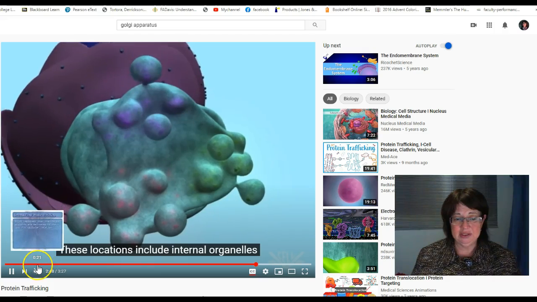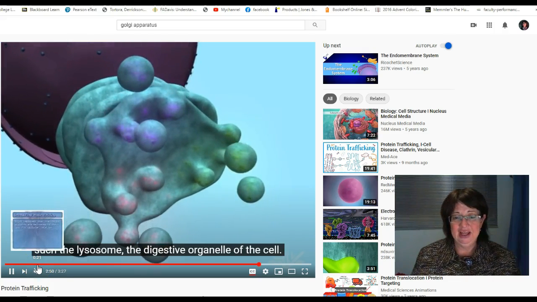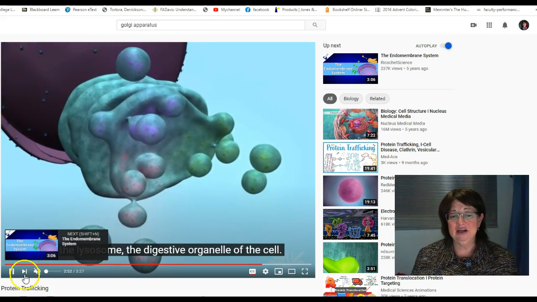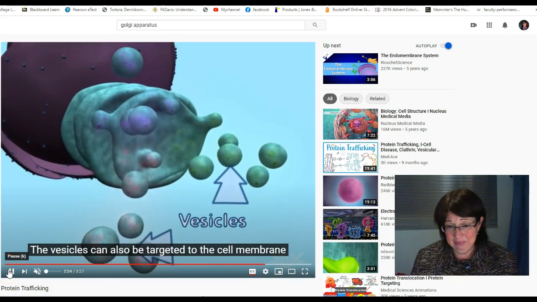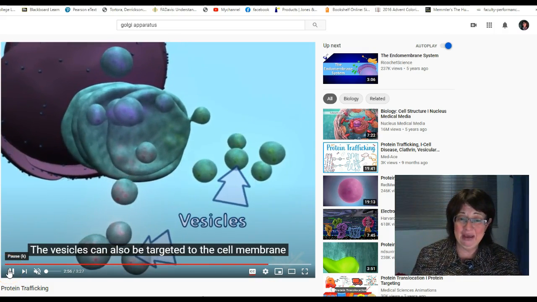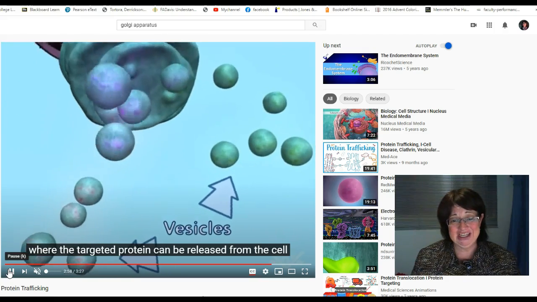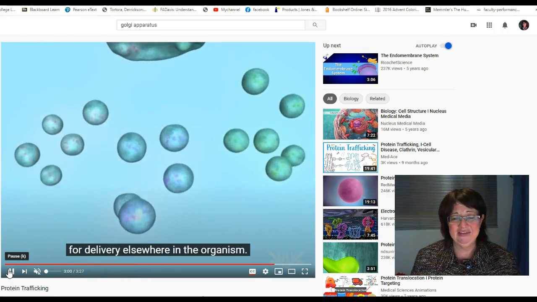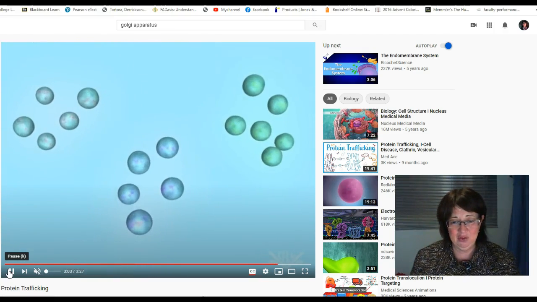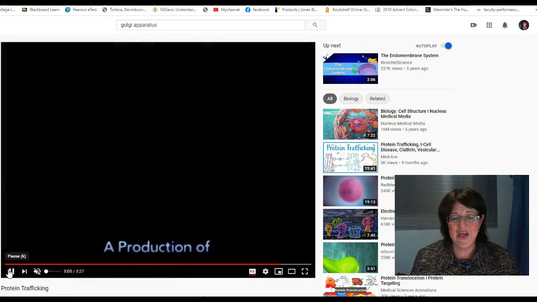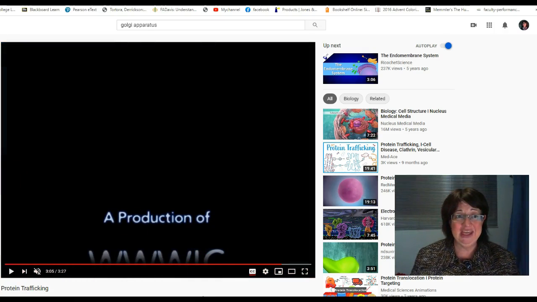And then once they are done budding off, depending on what's in them, they can have chemicals for digestion, such as lysosomes. They can have sacs that need to go to other parts of the organism. So they will then fuse with the cell membrane.